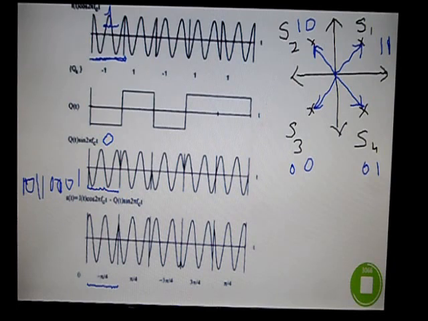This was your data sequence. So initially we have to transmit this 1 0. So for 1 0, you can see that our signal is S2, right?